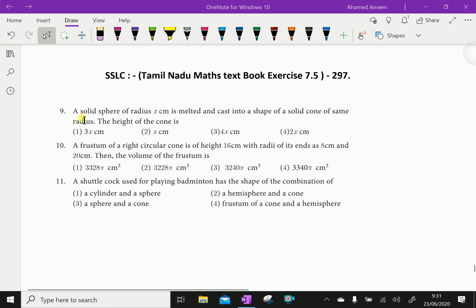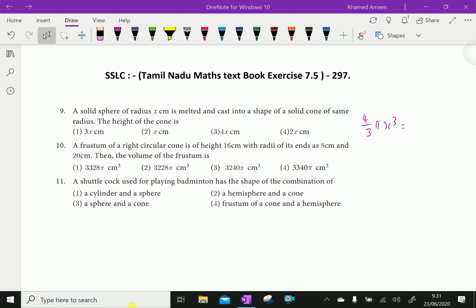Question number 9. A solid sphere of radius x centimeter is melted and cast into the shape of a solid cone of same radius. The height of the cone is? Volume of the sphere is 4 by 3 pi x cube.